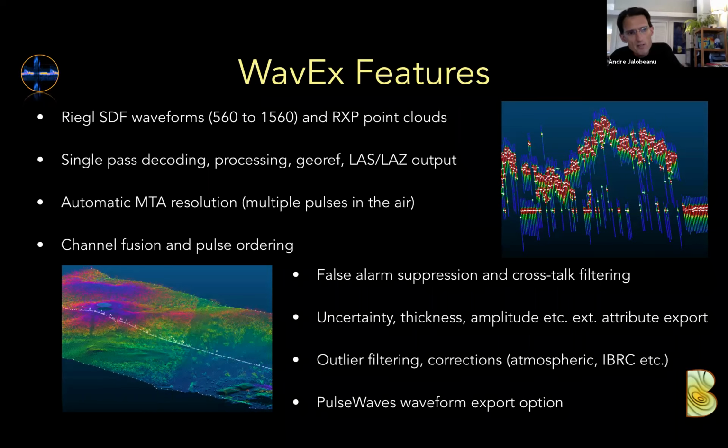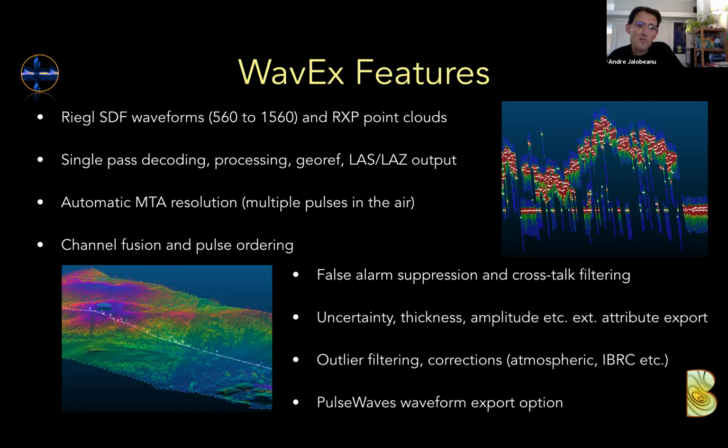There's a single pass, very fast decoding, processing, georeferencing, and output, all in a single command line. It's very simple to use. Automatically, it solves for MTA. I would say some clients say that it's better than the existing software or bundled software.